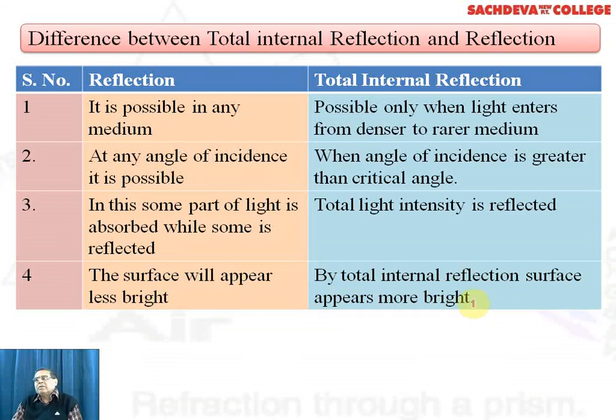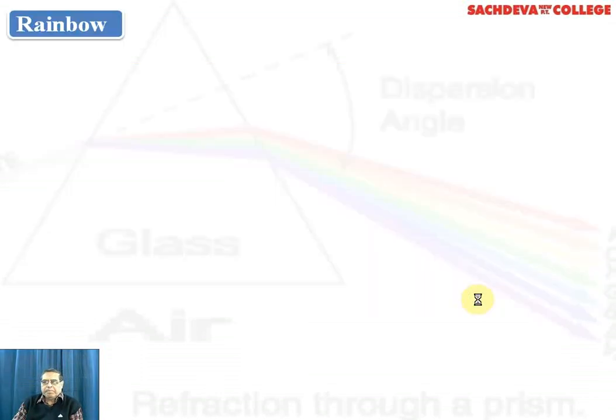In reflection and refraction, surfaces do not appear as bright as in total internal reflection, because in total internal reflection the incident light falls on the interface and is reflected in the same medium, and that's why the brightness is very fine.